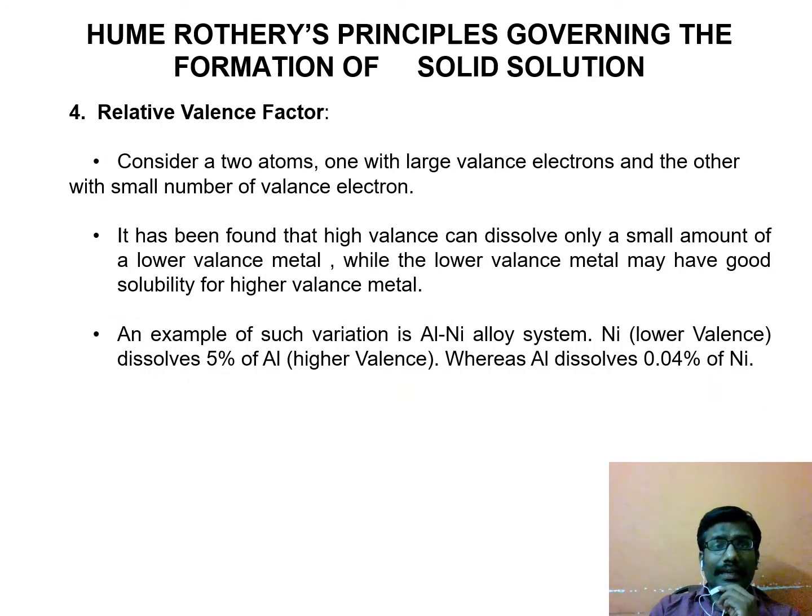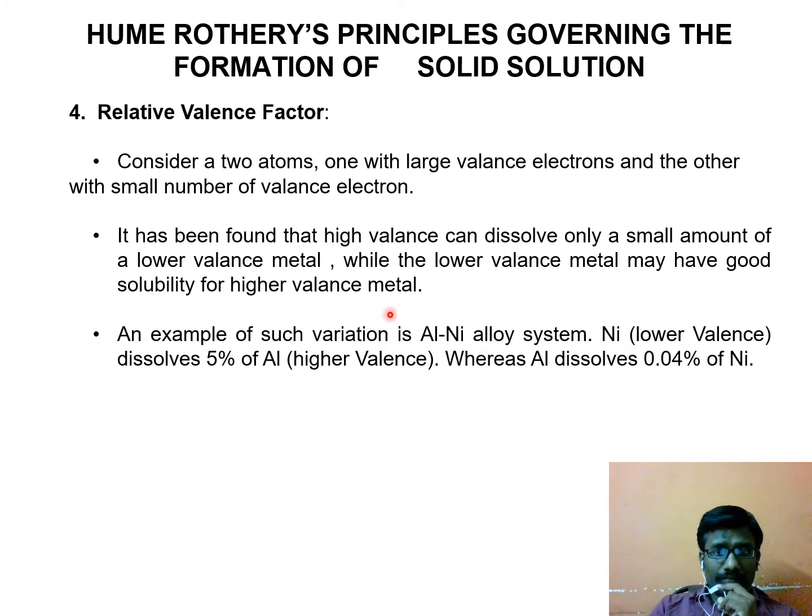Next is the relative valency factor. Here, one atom has a large valency and another atom has a small number of valence electrons. The higher valency metal dissolves only a small amount in the lower valency metal, and the lower valency metal dissolves in a larger amount in the higher valency metal.